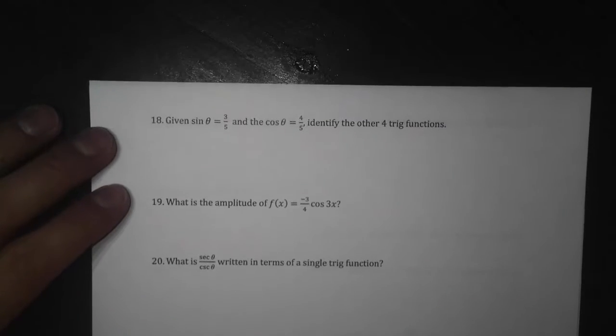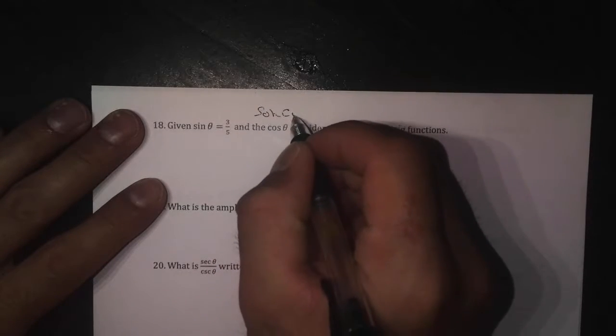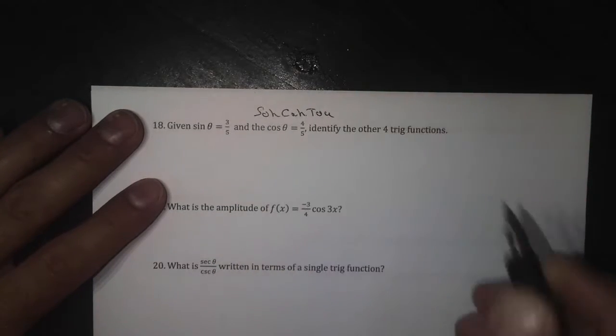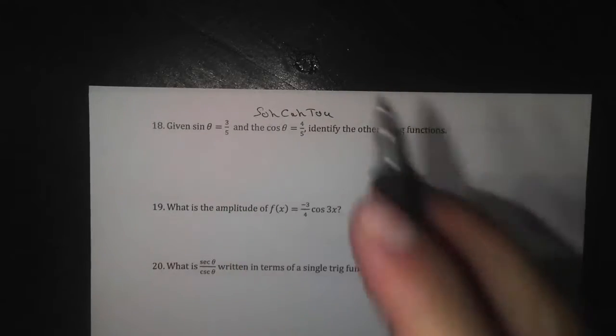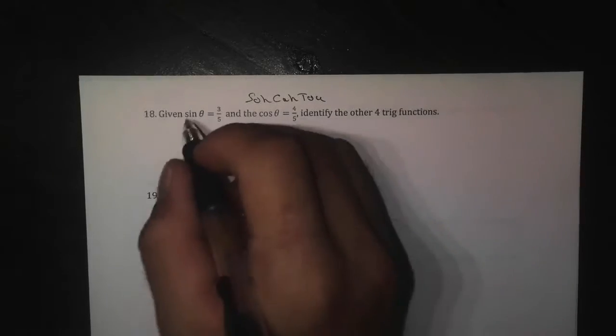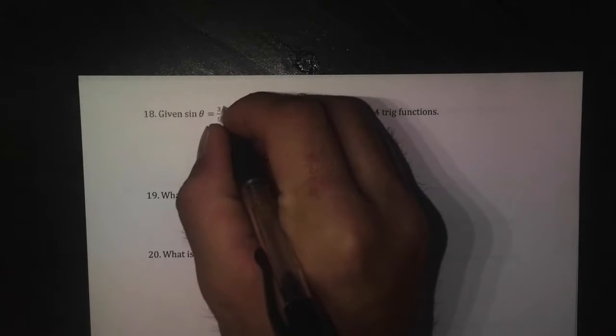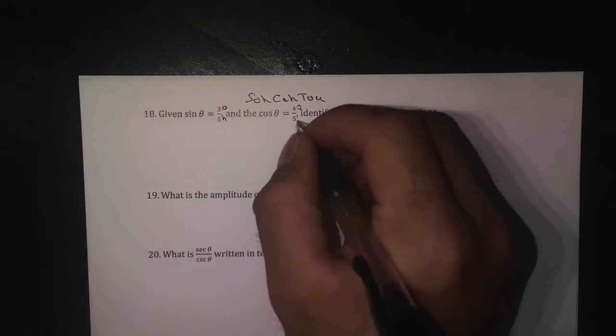In number 18, we have to remember one thing. Remembering this, if we look right here, sine is opposite over hypotenuse. Cosine is adjacent over hypotenuse.